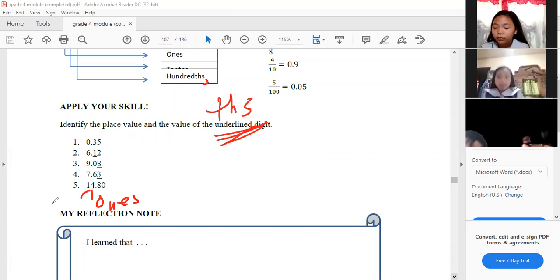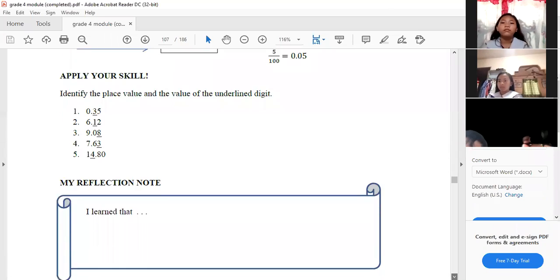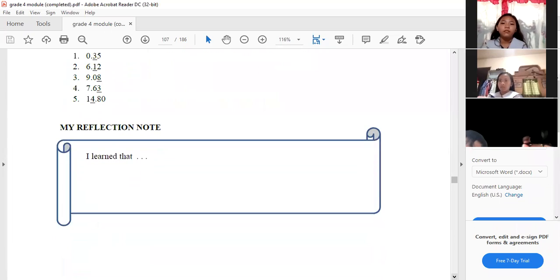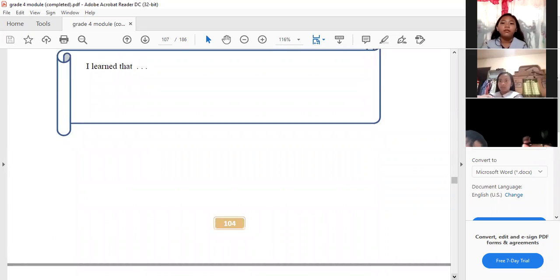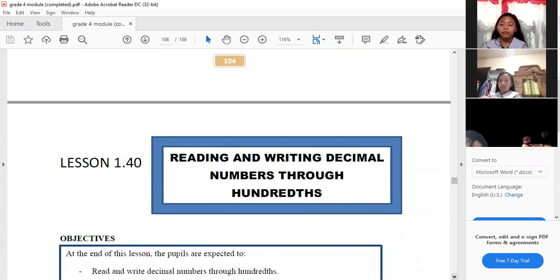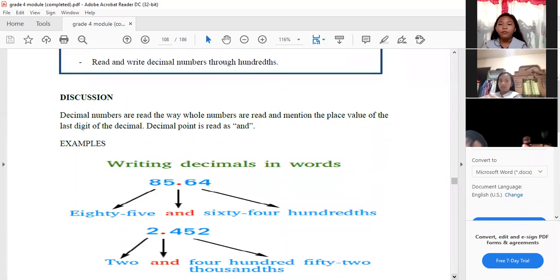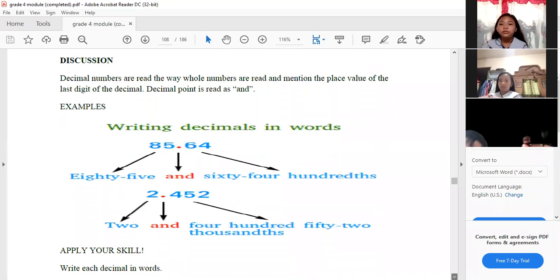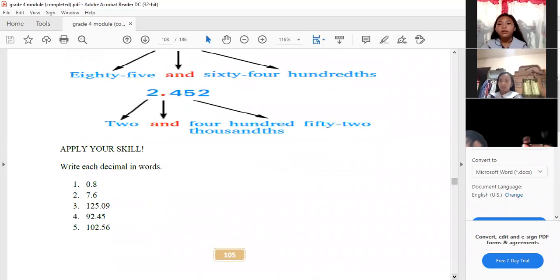For the other one, this would be tens. It has no THS. So we are already done with that one.